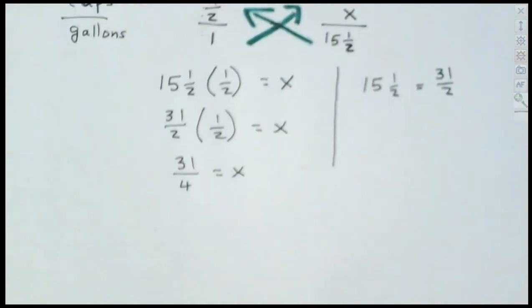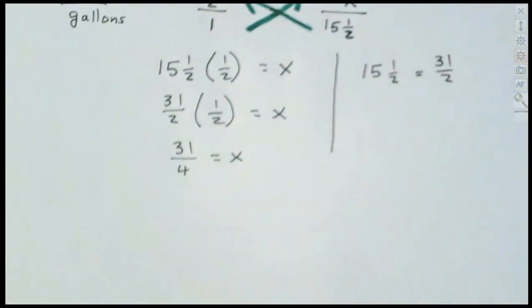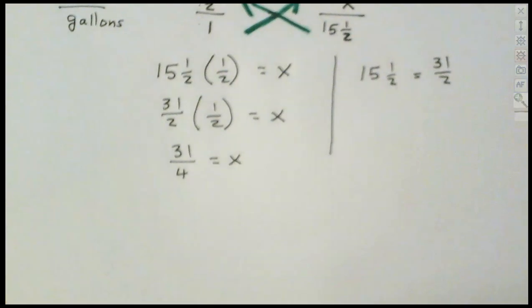But 31 over 4, well, that's not going to be very easy to measure out, because if I'm measuring this out, I have no idea what that is. So now let's turn this back into a mixed fraction so that we can figure out how much I really need to add. Easiest way to do it is figure out your whole part.